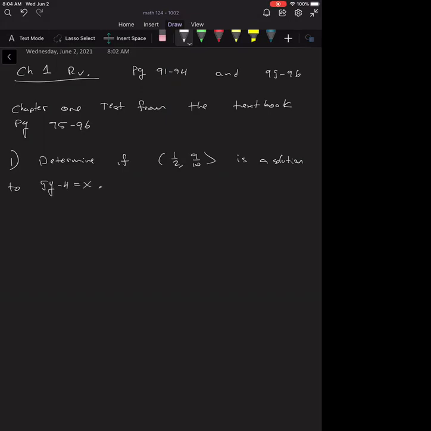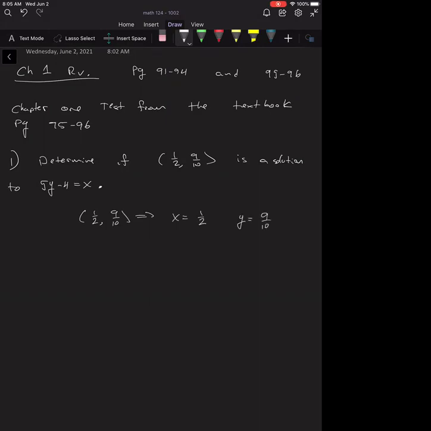We're given this point, which means we're given an x value and a y value. It's giving us an x value of 1/2 and a y value of 9/10.